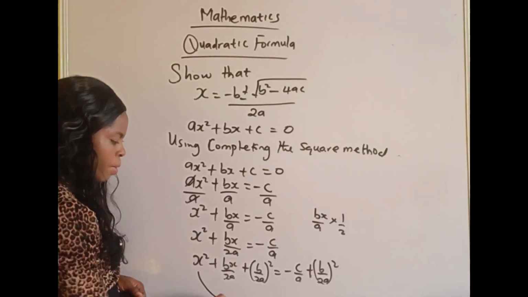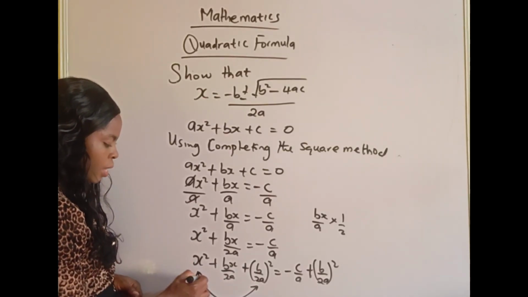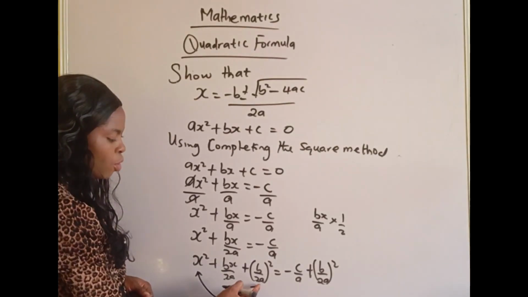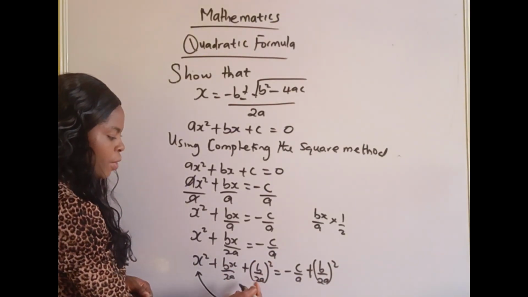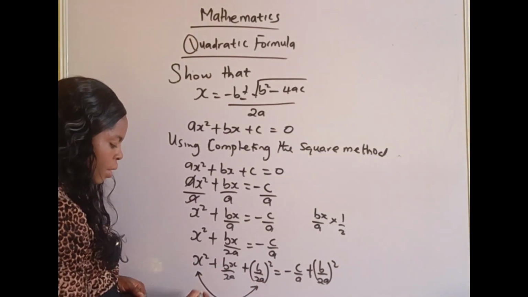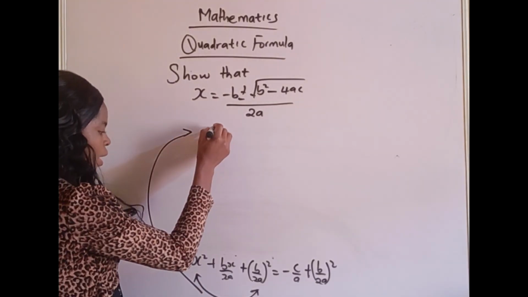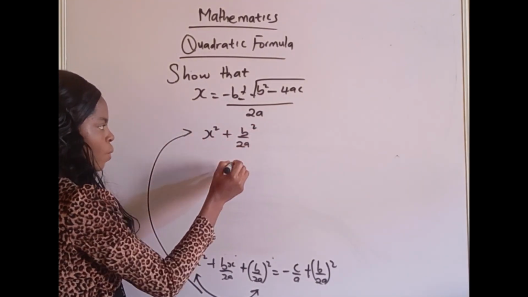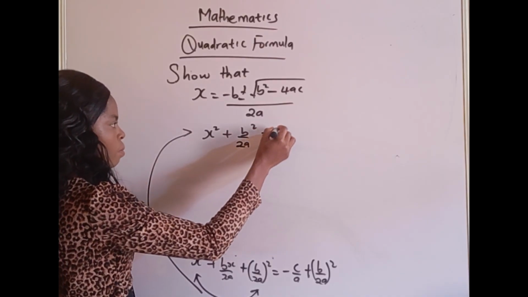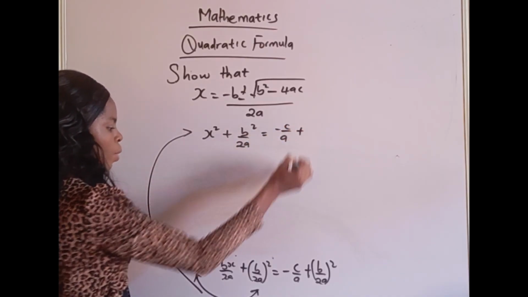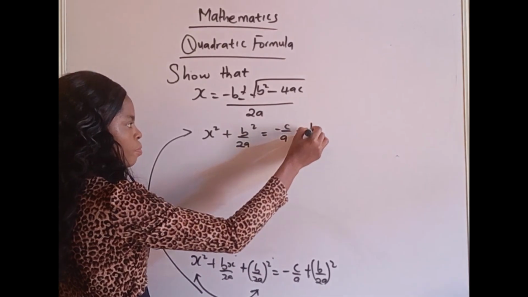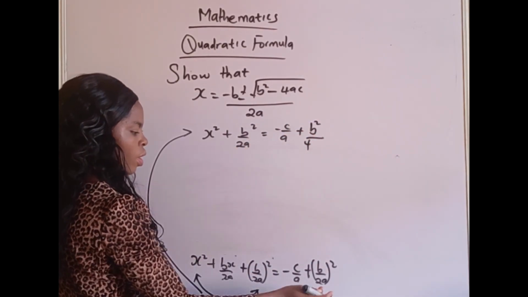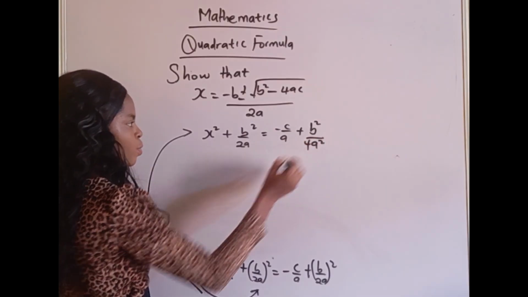Now, look at the first term. The first term is x squared. The third term here now is b over 2a squared. Since they are both perfect squares, let's bring them out. So we have x squared plus b over 2a squared equal to minus c over a plus, this will give us b square all over 2 times 2, 4, a times a, a squared.